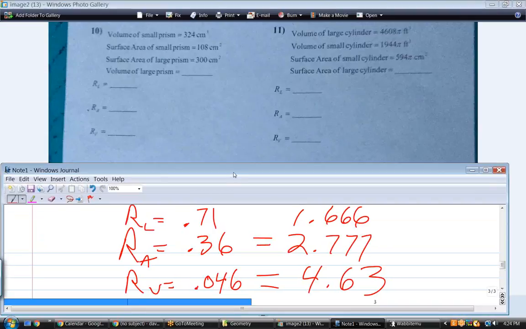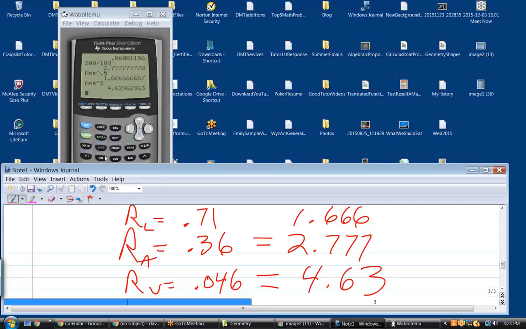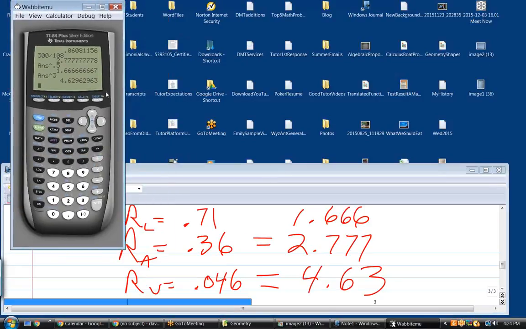Hold on, let me do it on my calculator here, all of the same calculations you did. We started with 0.36. Took the square root of that. We got 0.6, not 0.71. Actually, excuse me, let me do this again. We started actually with 108 divided by 300, correct?